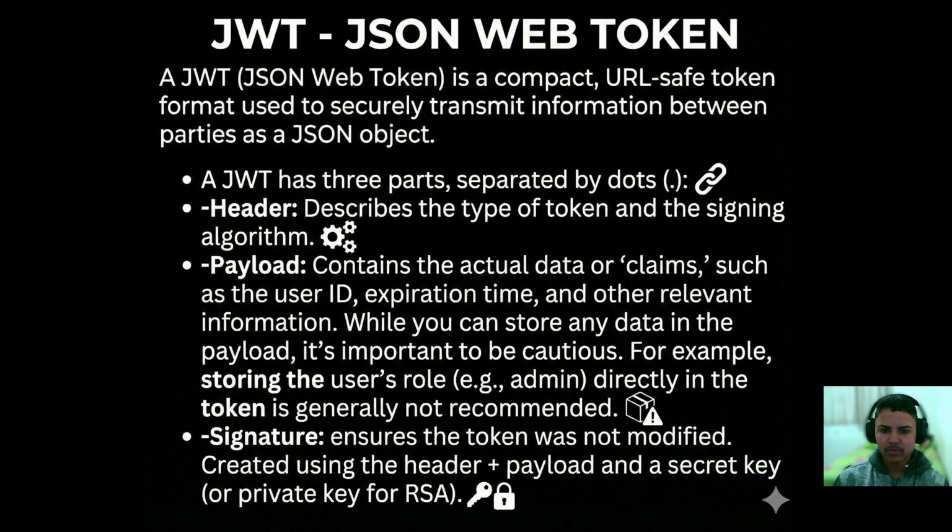The payload contains the information the developer wants to store, such as the user's name, the user's ID, or the user's role. We have to be cautious while storing the user's role directly in the token. I'm going to explain a little bit about that when I show you the code. And we have the signature that ensures the token was not modified. It's created using the header plus the payload and a secret key.